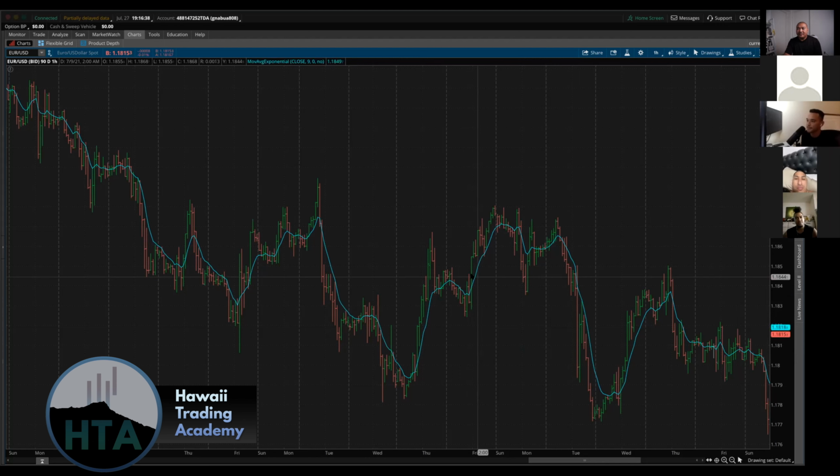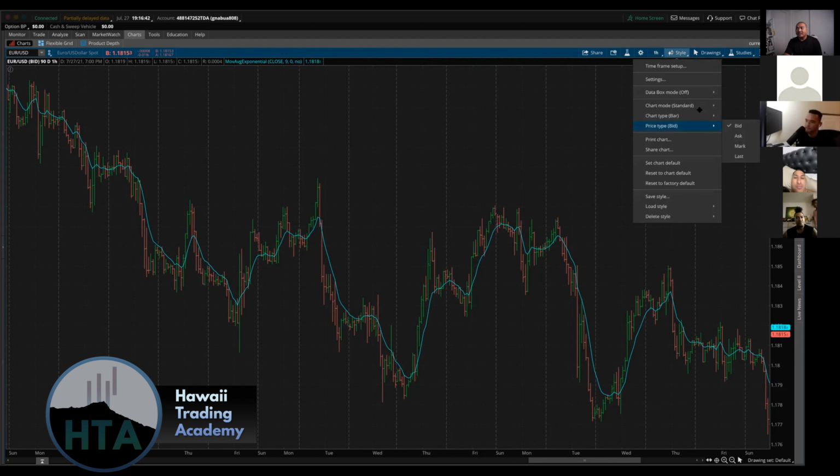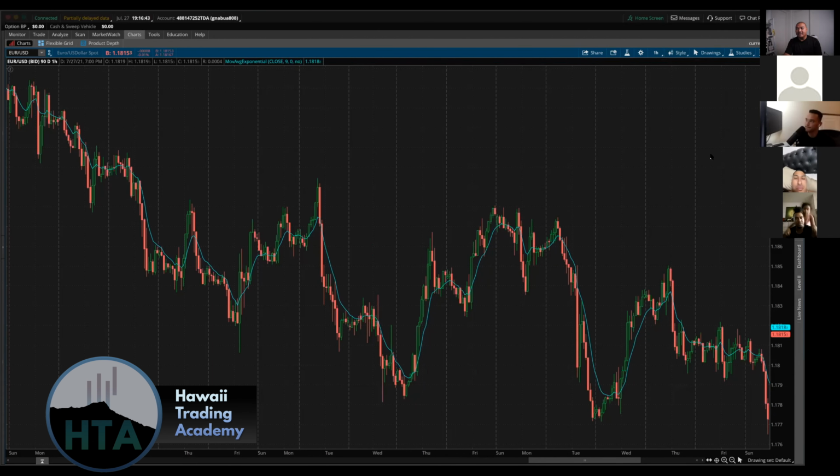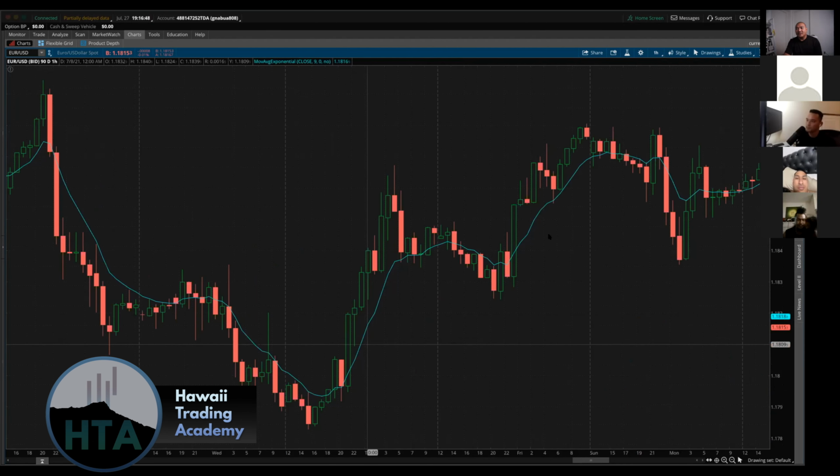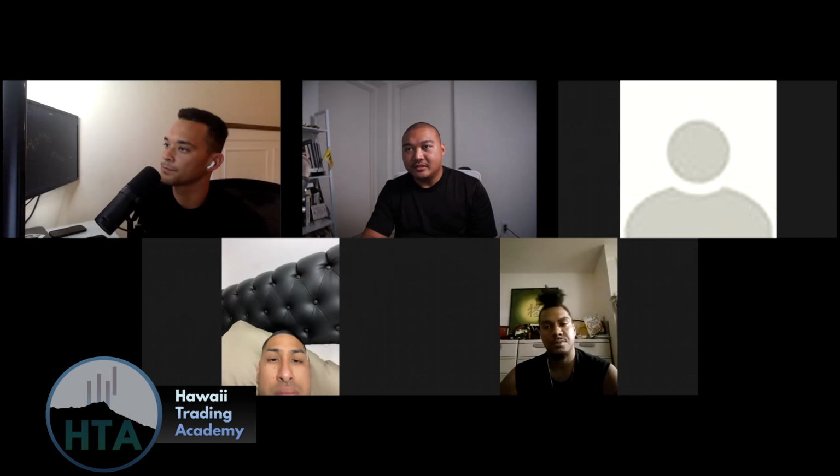So we have the regular chart. We can go into candles, just for reference. So this teal line is an exponential moving average. There are settings, let me show you this.